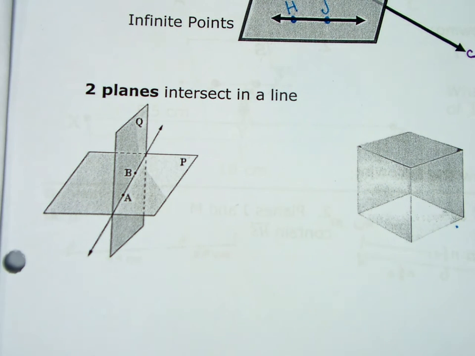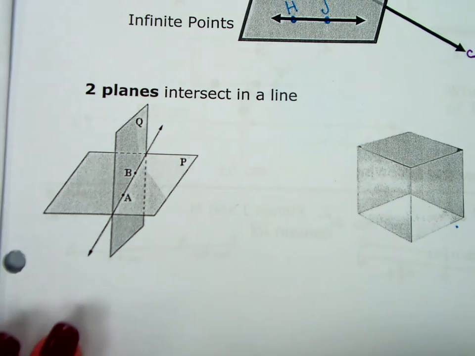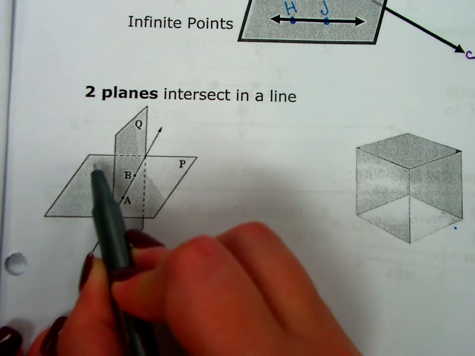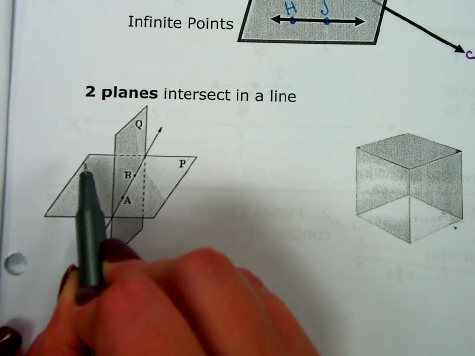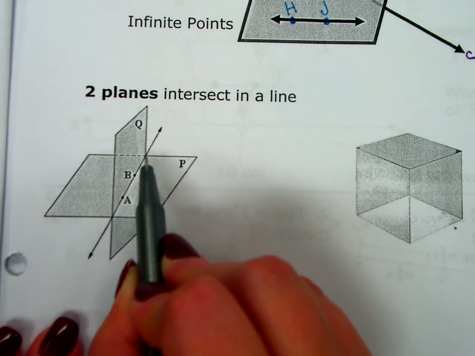So if we think about where that wall, that's a plane, and where the floor, that's a plane, where they intersect is going to be along the baseboard, the line along where the bottom of the wall and the edge of the room meet. So that's kind of what this is representing. If this is like our classroom over here, this would be the room next to it.